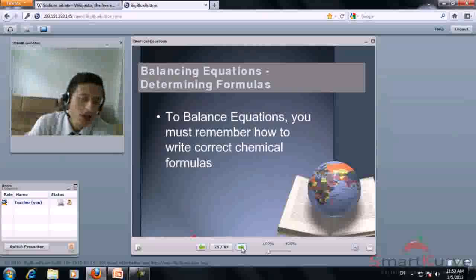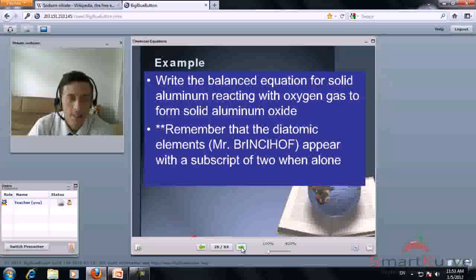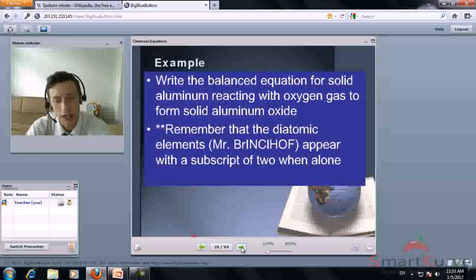To balance equations, you must remember to write correct chemical formulas, obviously. Slide 26. I do want to look at that second point. Remember that the diatomic elements appear with a subscript of 2 when they are alone. We see a row of letters here. These letters represent the elements that will always be diatomic.